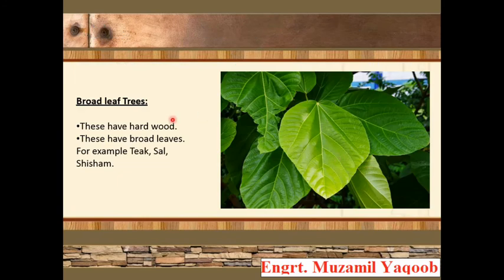The next category of exogenous trees is broadleaf trees. Normally these kinds of trees have hardwood, and they have broad leaves. Over here in this picture you can see what is called a broadleaf. Examples of these kinds of trees are shisham, sal or teak.